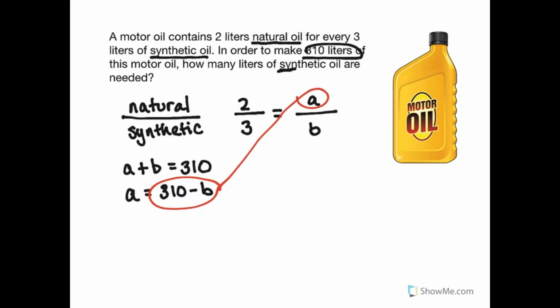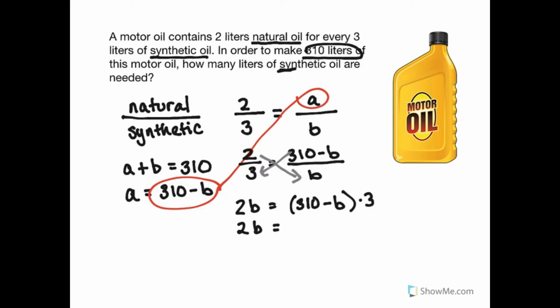Now I can stick that in the A spot right there. So it will say now that 2 over 3 is equal to 310 minus B over B. Now I can cross multiply. 2 times B is equal to 310 minus B times 3. 3 times 310 is 930, so that's 930 minus 3B.